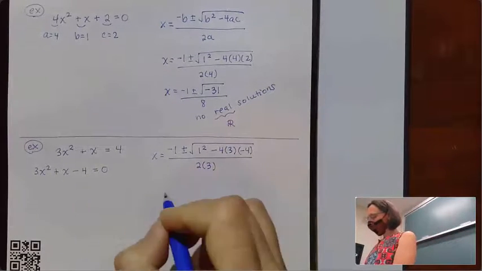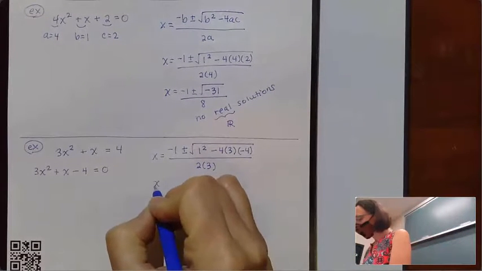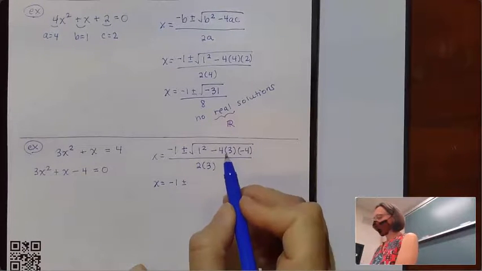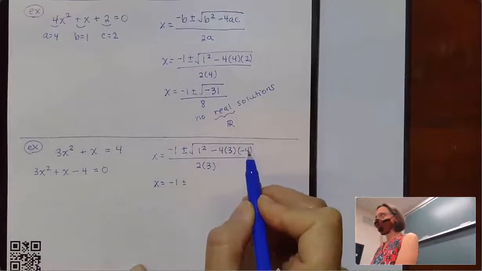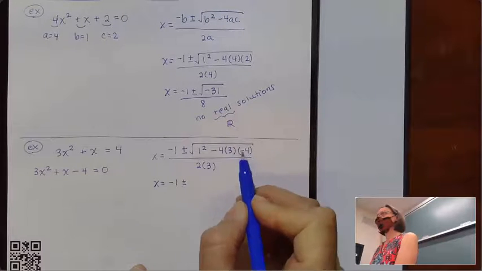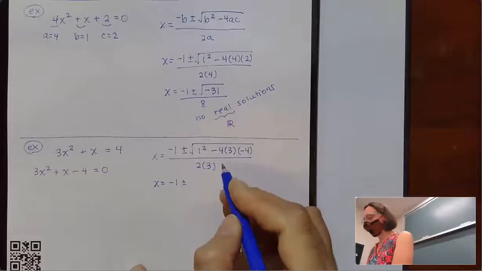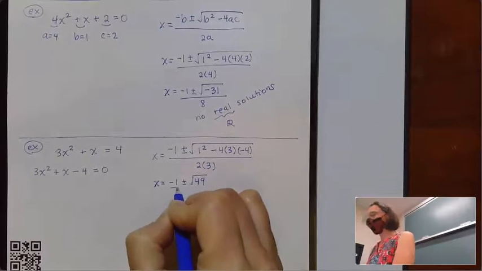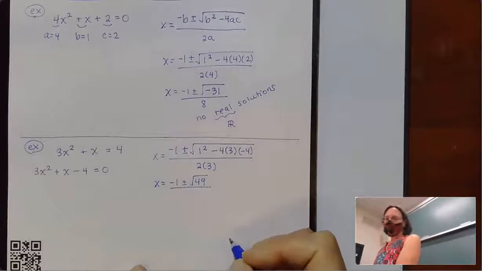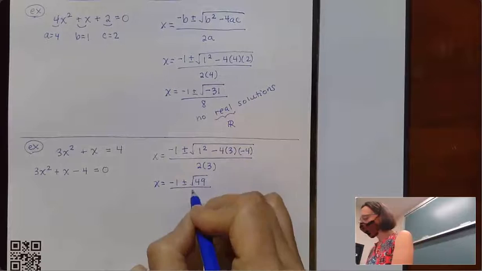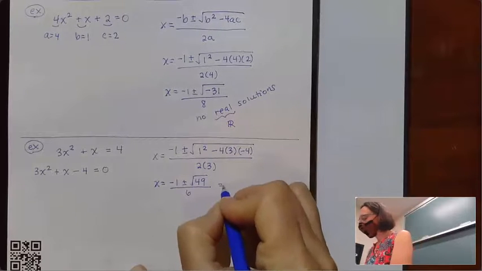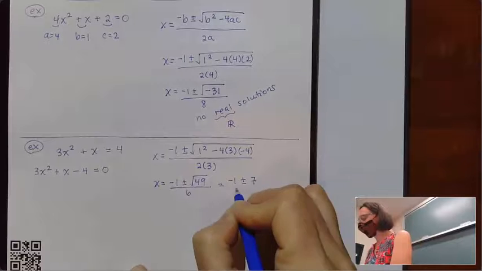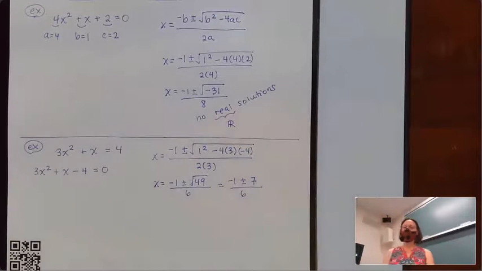So if I clean that up a bit, inside that square root, I get 4 times 3 is 12, 12 times 4 is 48, minus a minus makes that plus, 48 plus 1, I've got square root of 49. I know I talked through that pretty fast, but I figured you all had been working it out on your paper. And 2 times 3 is 6. On the top, that means I have negative 1 plus or minus 7, whole thing over 6.